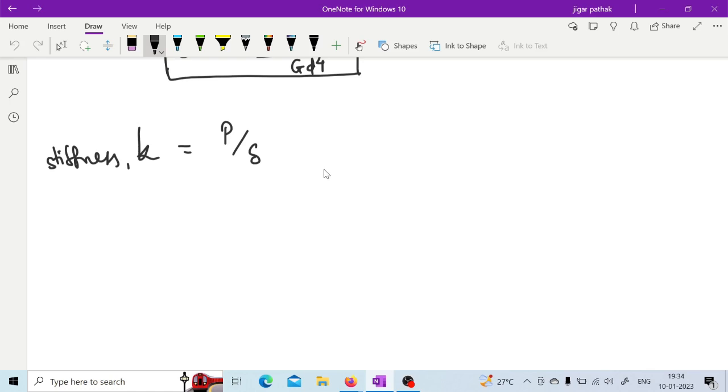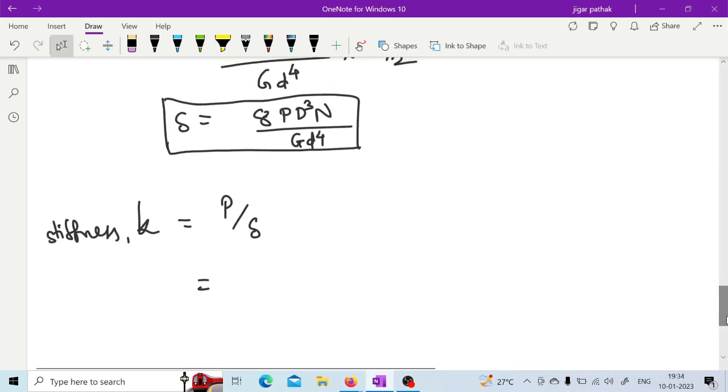So this stiffness is the load per unit deflection, right? So now you can write this P, and what is the deflection that we have just written? Let us see what the deflection is. It is nothing but P by 8 PD cube n into GD raised to 4.